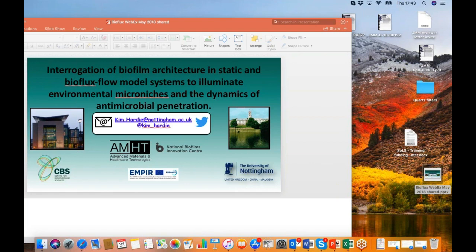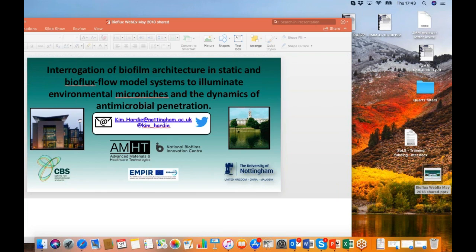Well, I think all I can say is that there are differences between the two systems, and you need to use the model where you can answer the question that you have. If your bacterium is more reproducible in a static one, then it's better to use a static one. If it's more reproducible in the biofilm that it forms in flow, then it's better to use flow.